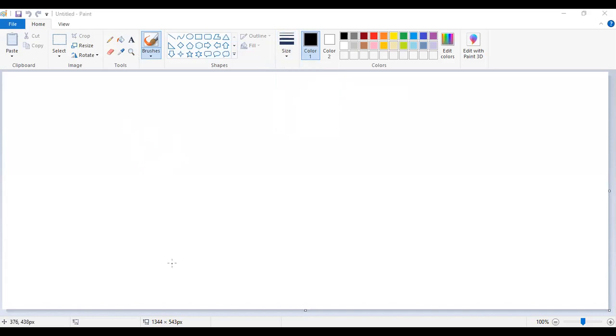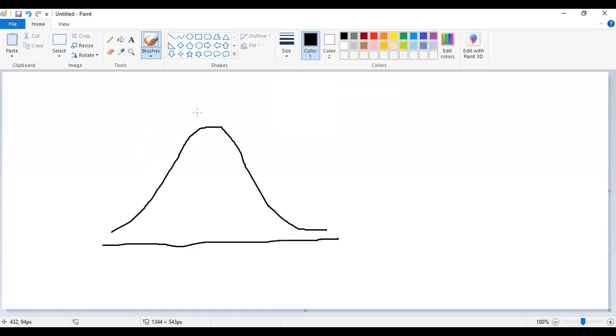See here, all of you. This is my normal distribution. I want to find the Z value for the 95% confidence interval. This is the 95% confidence interval in total. There are various methods. I am giving you one of the methods.